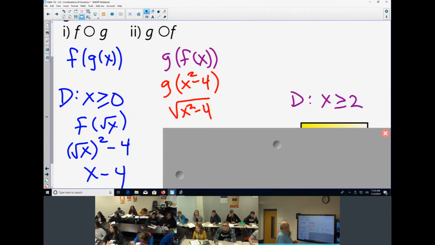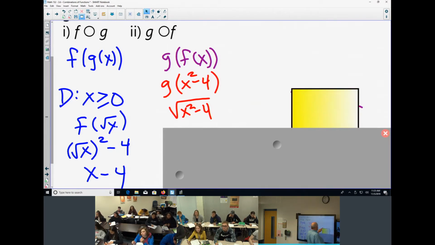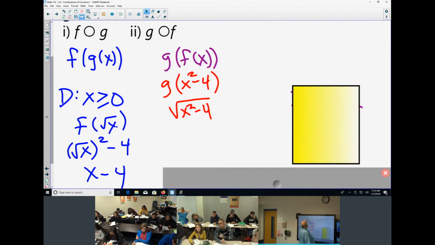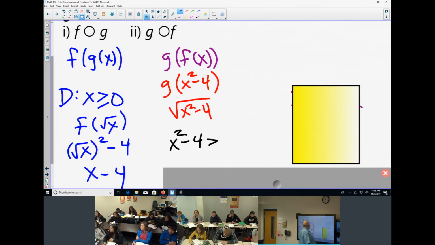Okay, so for this, what I would just say is as long as you know that the stuff underneath the radical has to be greater than or equal to 0. So if you just know that x squared minus 4 has to be greater than or equal to 0, then that's okay.